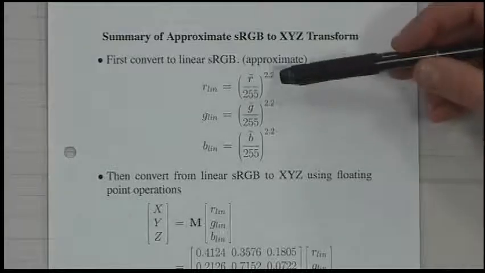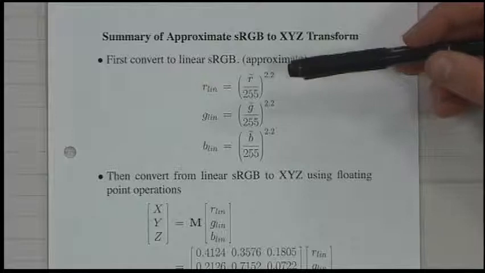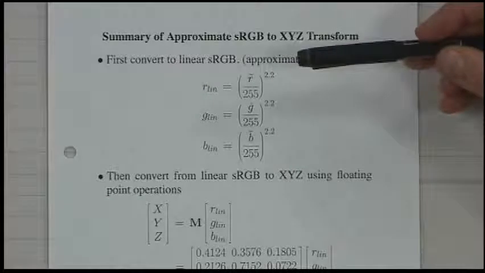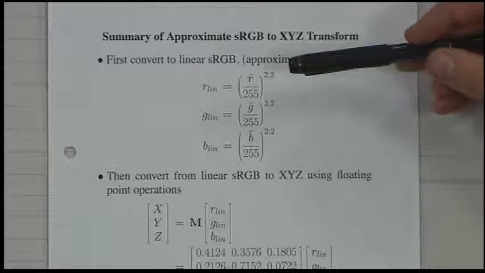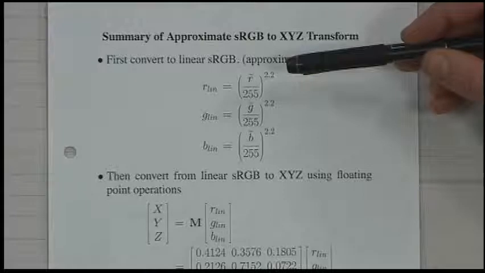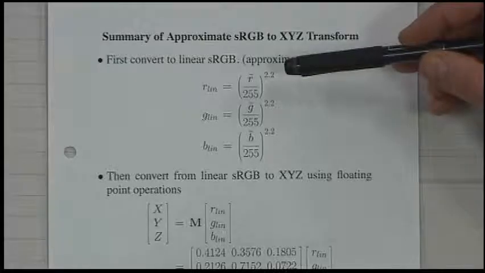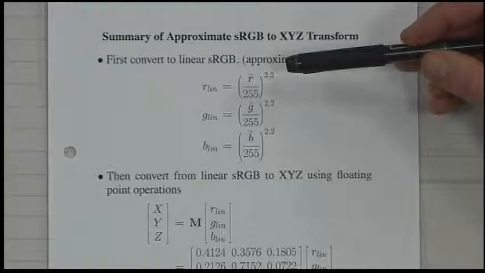The physical devices that captured and displayed images tend to have a relationship which is about x to the 2.2. X to the 3 is probably a better representation of a uniform color space for the human visual system, but, and this is my own personal interpretation, before they had a lot of digital devices, implementing power law relationships very precisely was tricky.